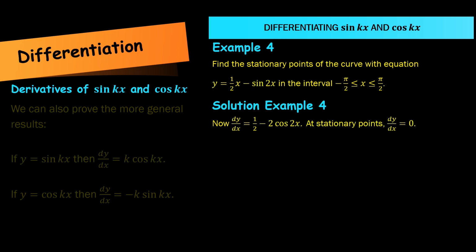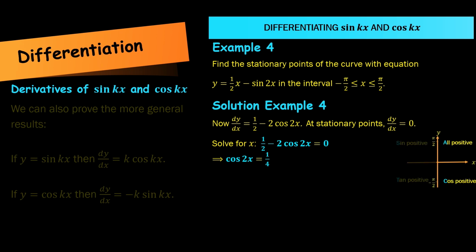At the stationary points, dy/dx is equal to 0. And therefore, if we solve for x, the expression a half minus 2 cos 2x equals 0, we obtain cos 2x equals 1 over 4.